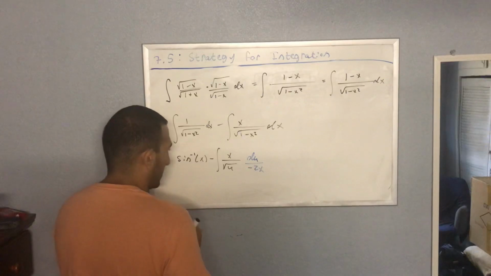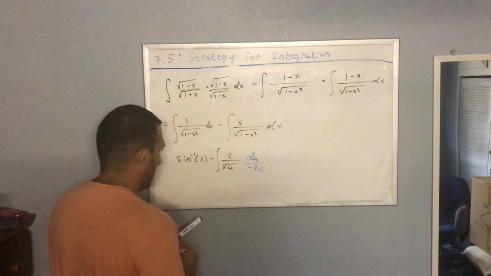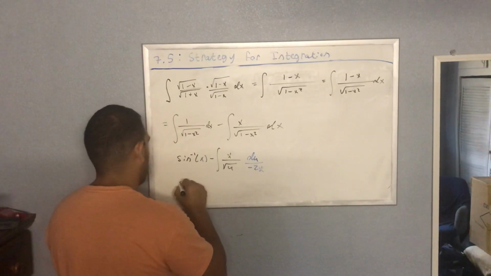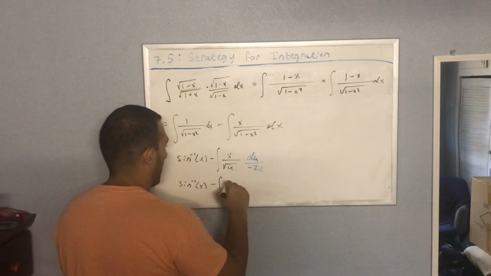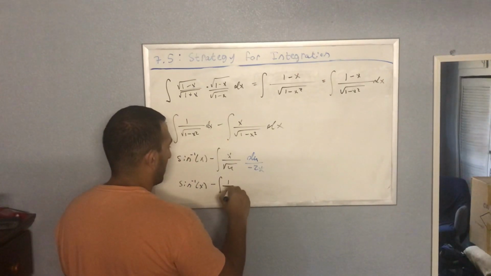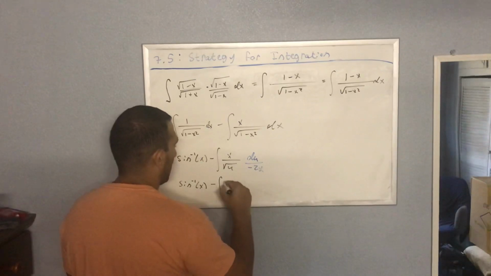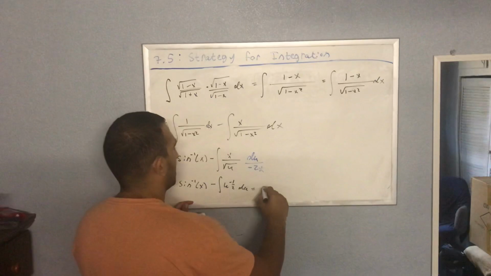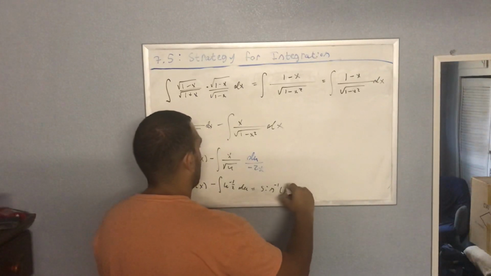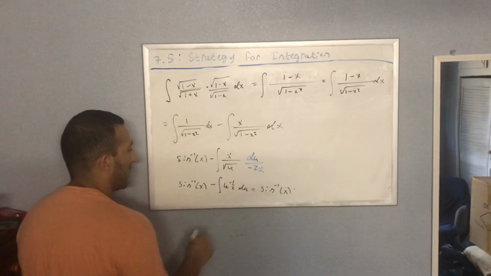So they'll cancel here. And this will be 1 over root u. You can rewrite that as u to the negative 1/2. So you add 1 to this and divide by that same thing.